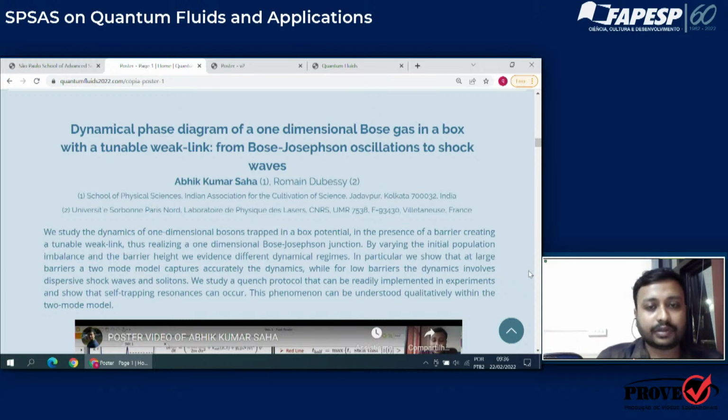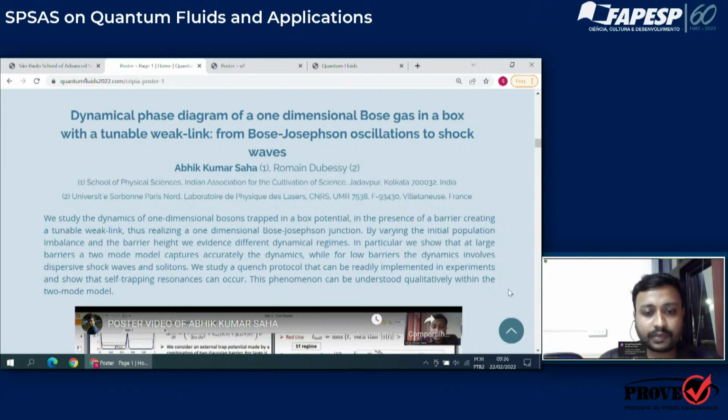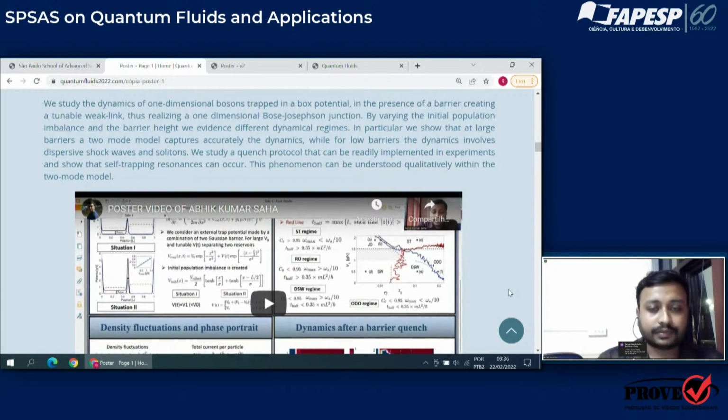If anyone knows the bosonic Josephson junction physics, there is a transition from Josephson oscillation to MQST, and also a transition from Josephson oscillation to the dissipative regime. So in this work, we want to put all those transitions, all those regimes, into one picture.